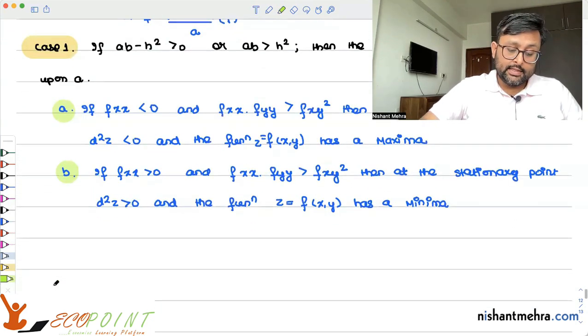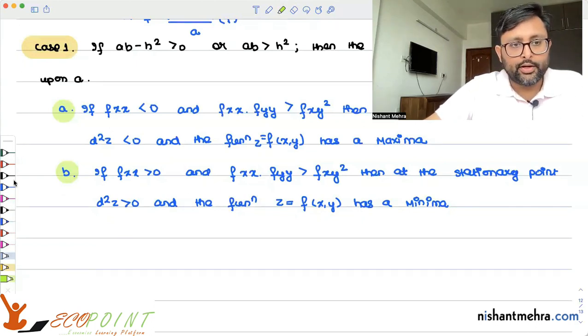What could be another case? Another case could be that this ab minus h square is negative. Then this is a saddle point.